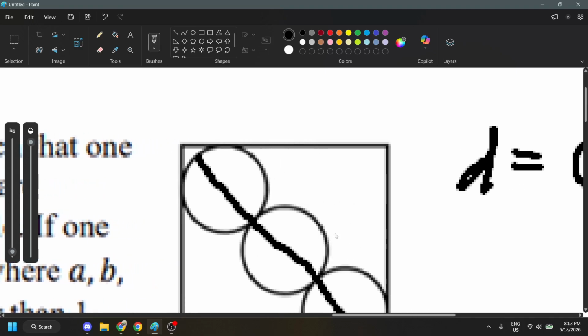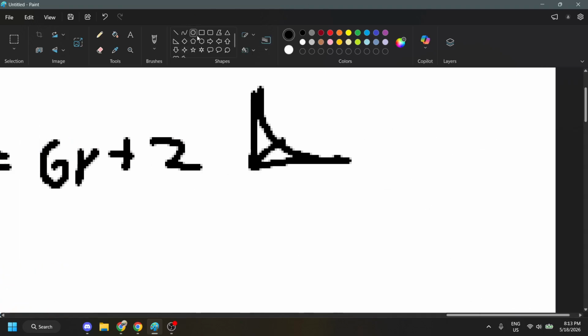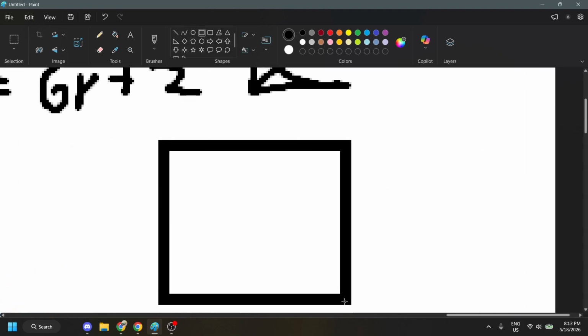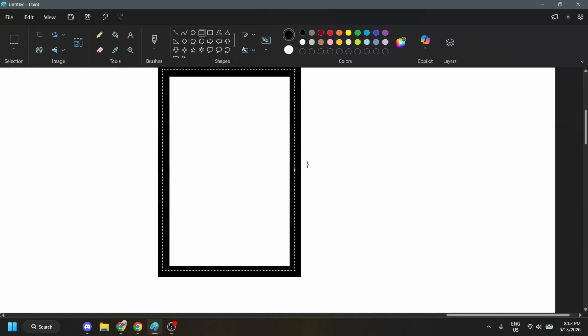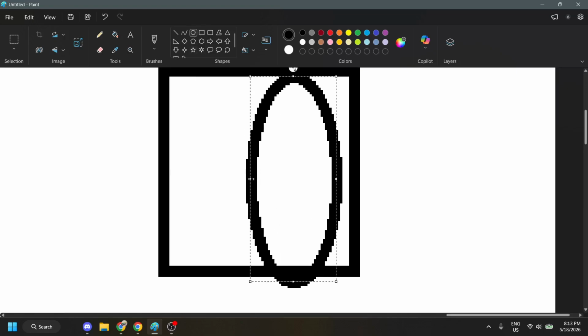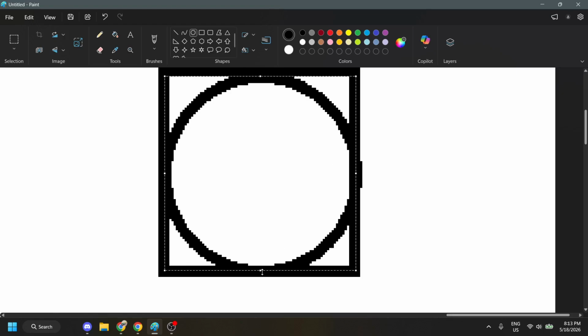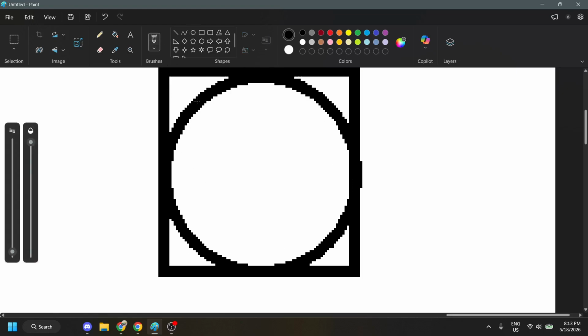So one thing we could do is recognize, let's say we have a circle here. Let's put a square down. I was thinking we could use two radiuses, but that's not what we need.